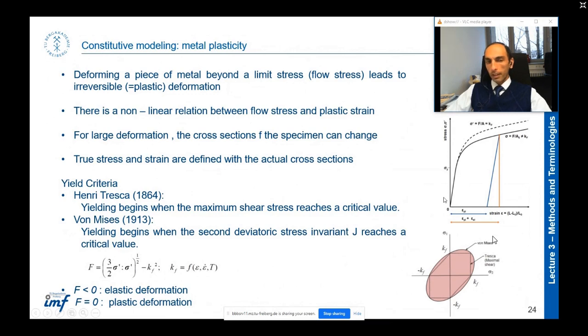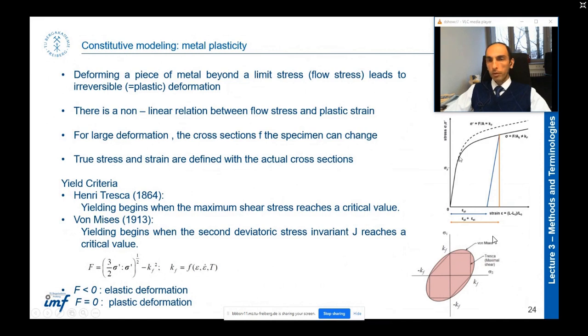However, even for the elastic deformation, it's not exactly linear. You can find some non-linearity here, but it's acceptable up to here. But after that, for the plastic deformation, clearly you can see that it's not linear.